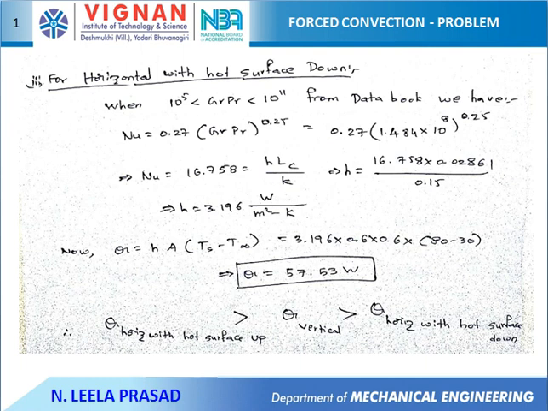Next, the higher rate of heat dissipation by natural convection is when the orientation of the plate is vertical, and the least amount of heat dissipation by natural convection is when the orientation of the plate is horizontal and the top surface is insulated and the hot surface is facing down. Thank you.